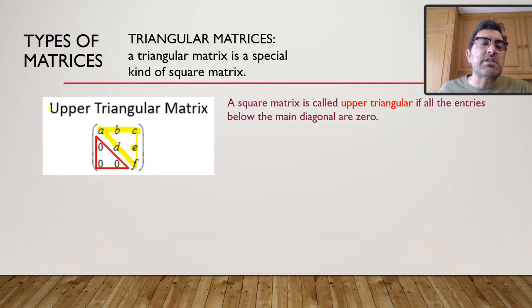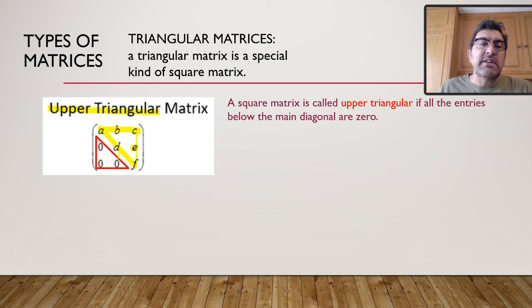It's almost counterintuitive to call it upper triangular, because one would like to think of it as the zeros determining its name, but it's the other way around. So remember, if I say upper triangular, the zeros are below the main diagonal.